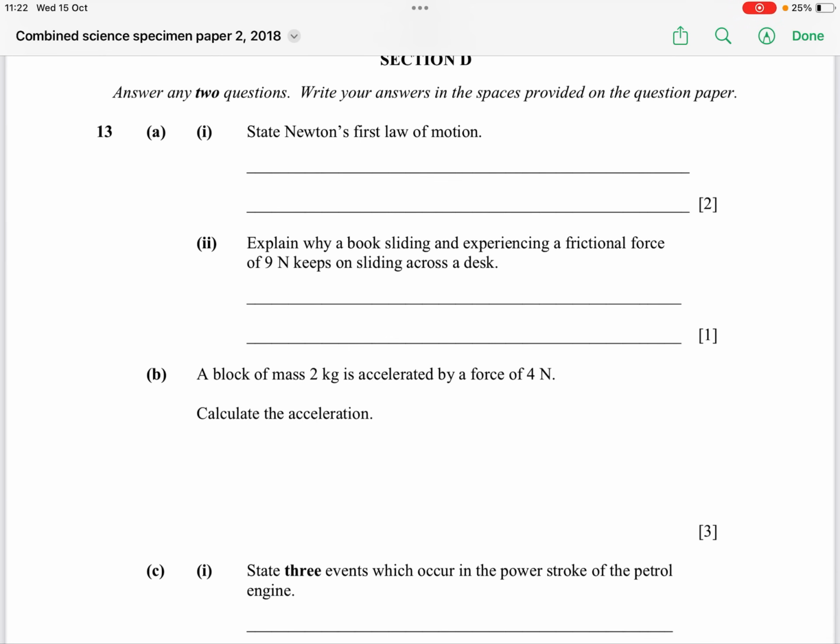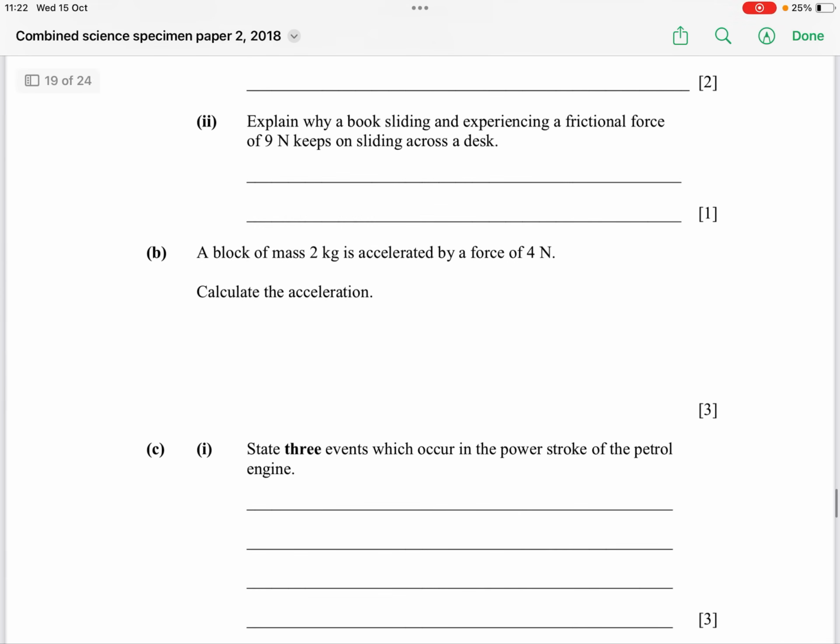And then on part 2, explain why a book sliding and experiencing a frictional force of 9 newtons keeps on sliding across a desk. So here you need to talk about the kinetic frictional force.